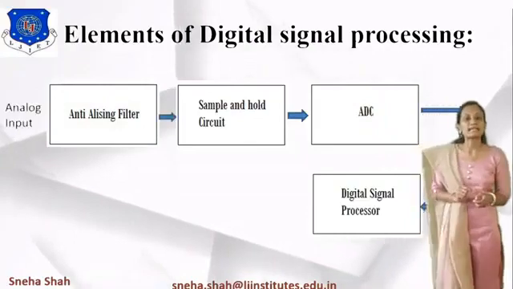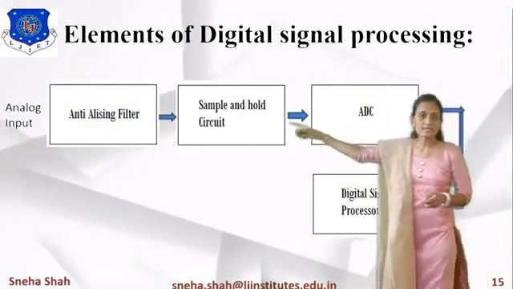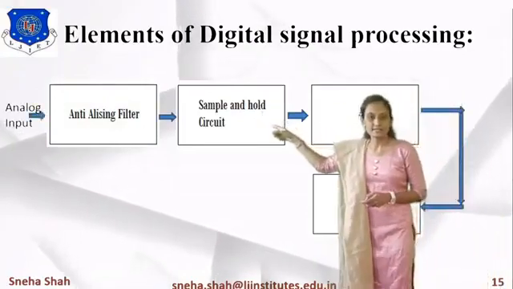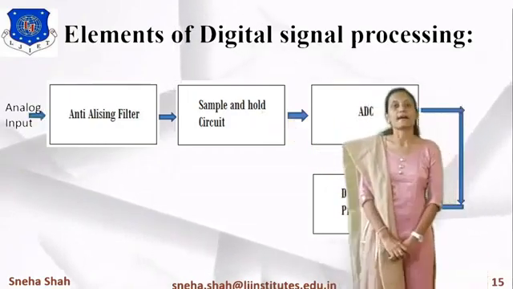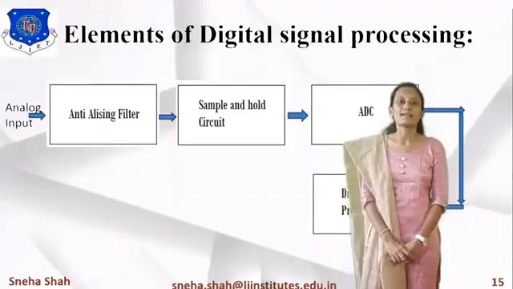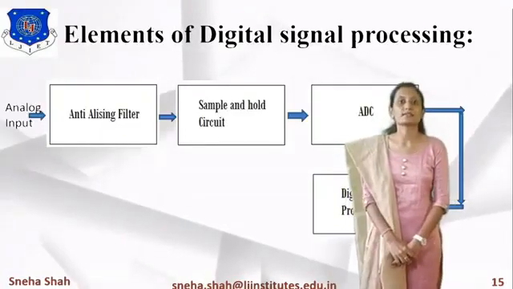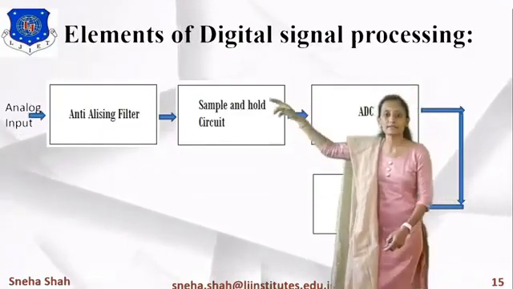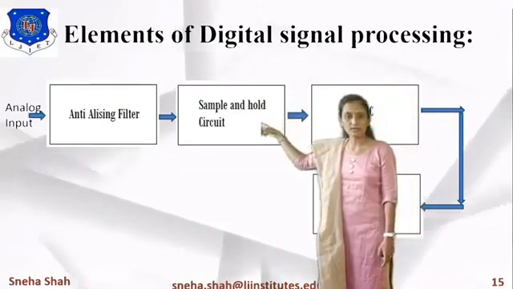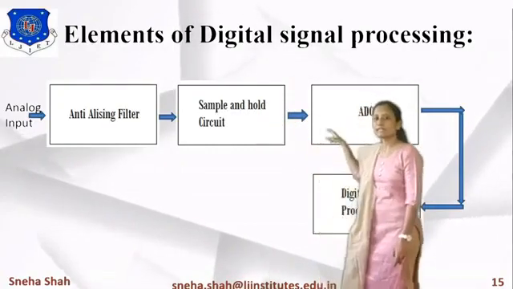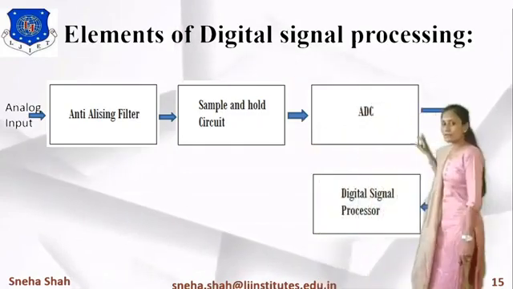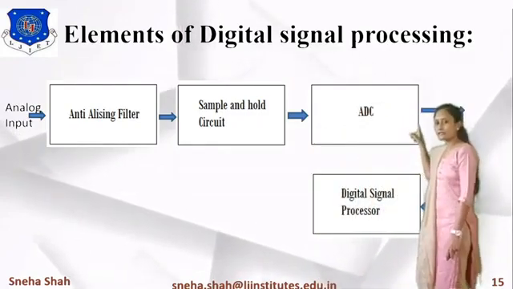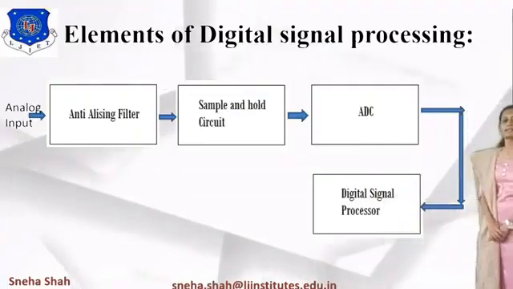Basically we apply this analog input to the anti-aliasing filter, which will remove the high frequency noise or aliasing error, then give the signal to the sample and hold circuit. Its output is given to the analog to digital converter, and the output is in digital form, so it is applied to the digital signal processor.